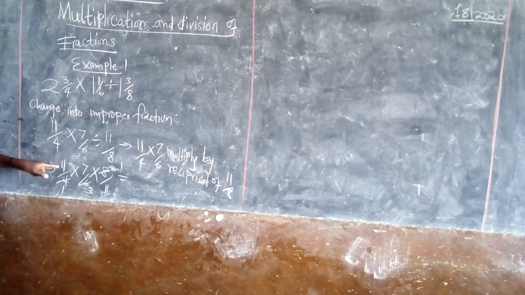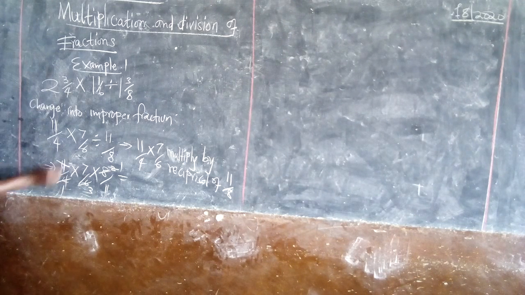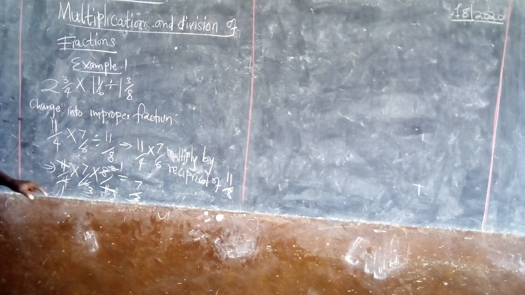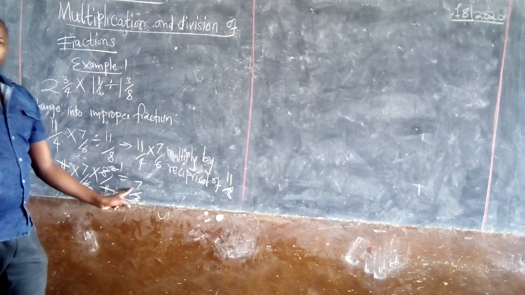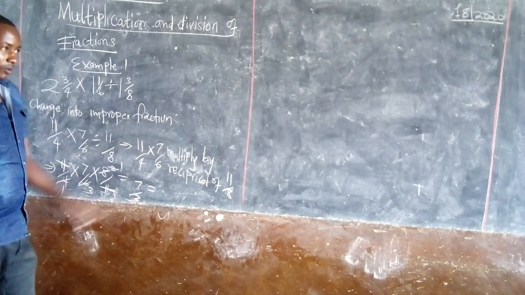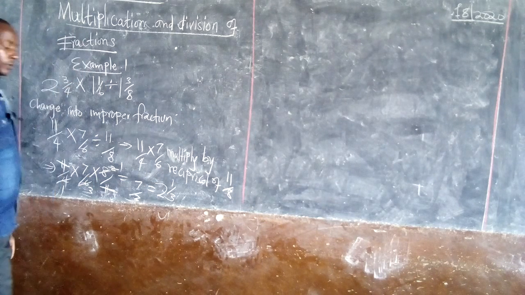So we have 77 over 33, and here we can cancel again by 11. So what will remain is 7/3. You should not leave your answer like this. Simplify further. You take 7 divided by 3, whereby you get 2 and 1/3 as your answer.